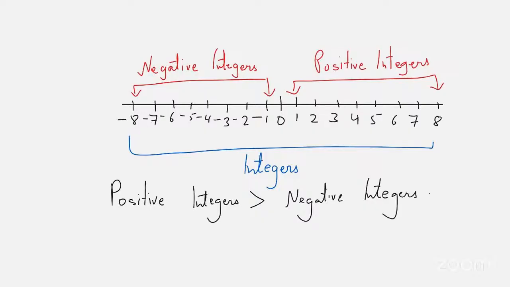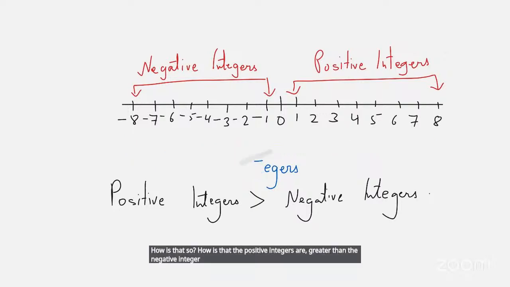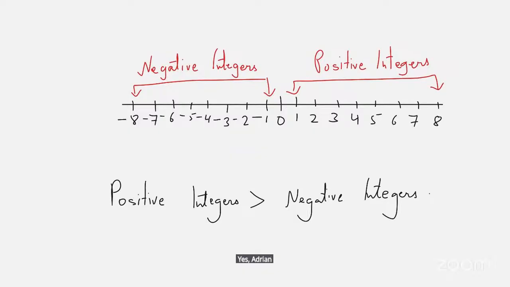How is it that the positive integers are greater than the negative integers? Look at this. If I go from 0 to 3 and 0 to -5, -5 is more far away than 3, right?